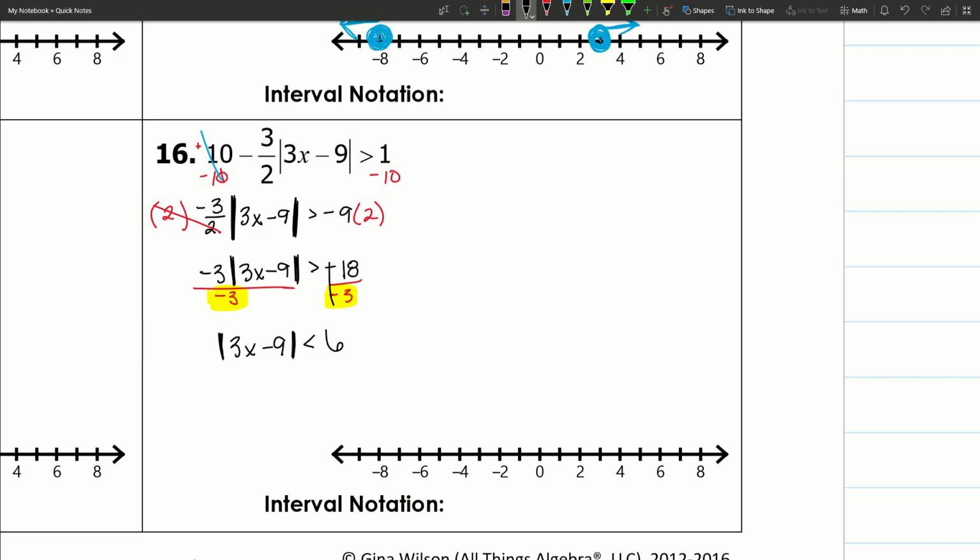I have everything away from the left side of my equation other than my absolute value, so we can break this into two different things. We would have 3x minus 9 is less than 6. 3x minus 9, flip it, so greater than, and change it so it's negative 6.